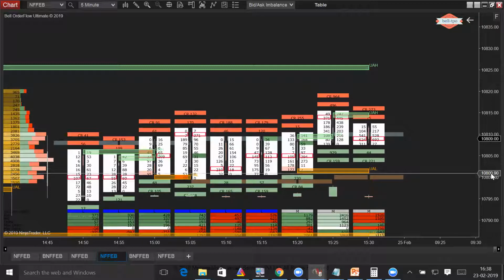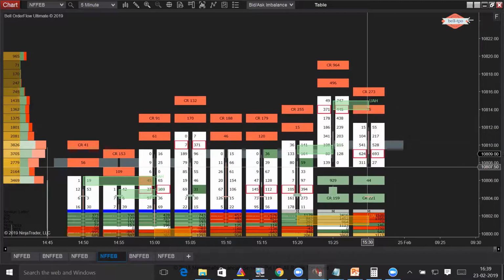In the 320 candle, you can see on both sides 36, 141, 177, 7. Is it not an unfinished auction? You're talking about this one? The 320 candle. Yeah, it's an unfinished auction. These two candles, yes, it's an unfinished candle.